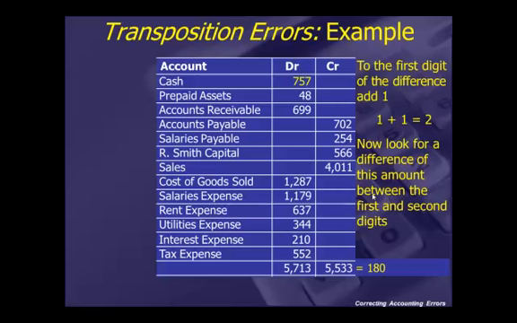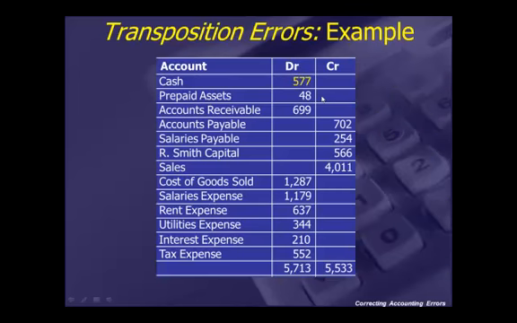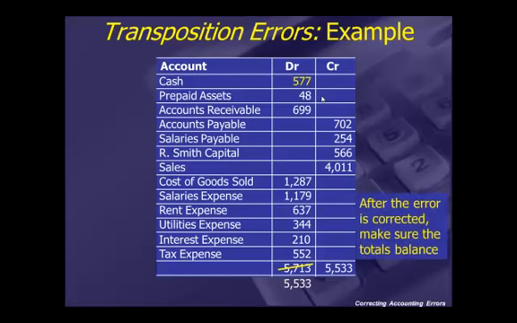The only one that fits that is the cash amount of $757, because the difference between the first 2 digits of 7 and 5 is 2. We'd go back and check and verify this by looking at the general ledger account. It's 577. We want to do a re-add. That makes them equal. Okay, we're in good shape.